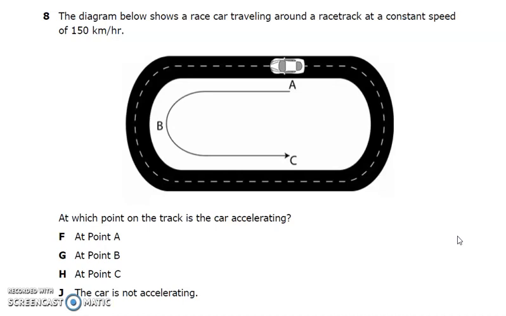Number 8. The diagram below shows a race car traveling around a racetrack at a constant speed of 150 kilometers per hour. At which point on the track is the car accelerating? F. At point A. G. At point B. H. At point C. Or J. The car is not accelerating.